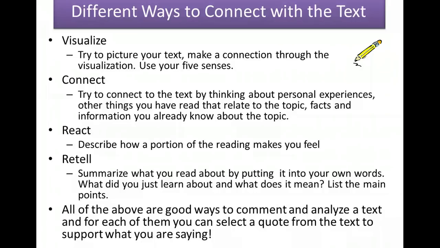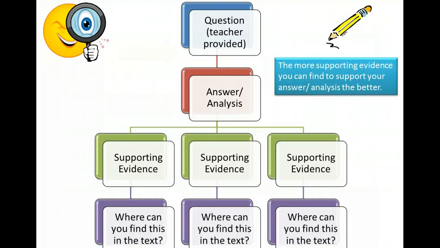Again, all of the above ways are great ways to comment and analyze on a text, and for each of them you can select a quote to support what you're saying. Okay, so again, at the beginning for proficiency, I will be asking you questions, so these are teacher provided, for you to then give an answer and analyze.